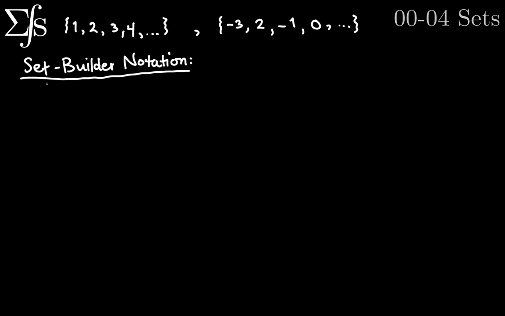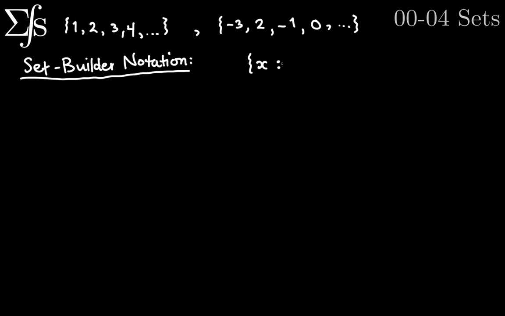So what I'm going to use is set builder notation to make it more precise, to specify the set more clearly. This is what it'll look like. So it'll look like the bracket x, and then a colon, or some people will use a vertical slash, but I like the colon.